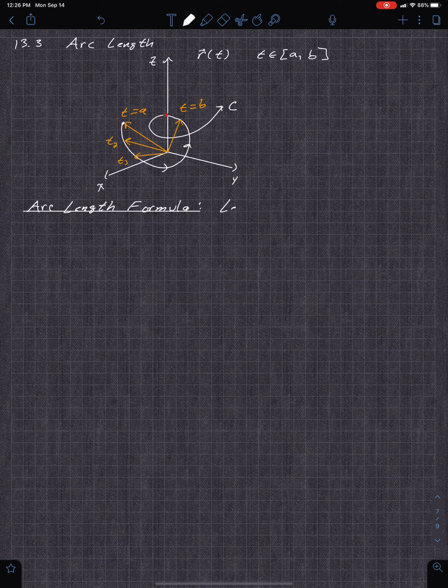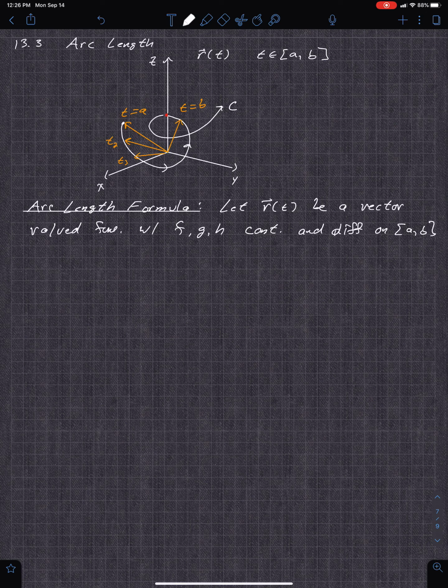So let r of t be a vector valued function with f, g, and h continuous and differentiable on [a, b]. The arc length of r of t from t equals a to t equals b is given by this.